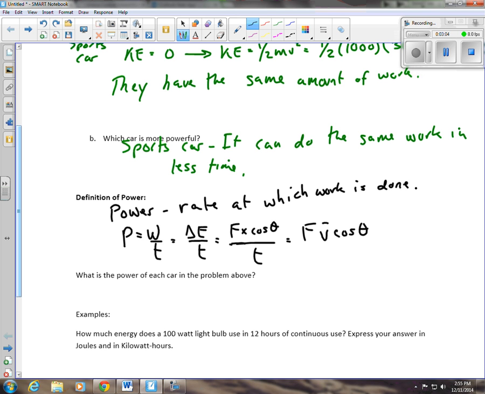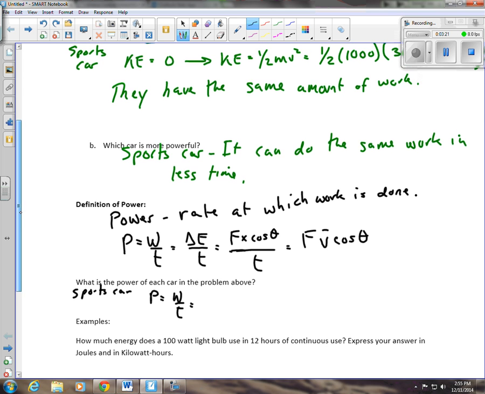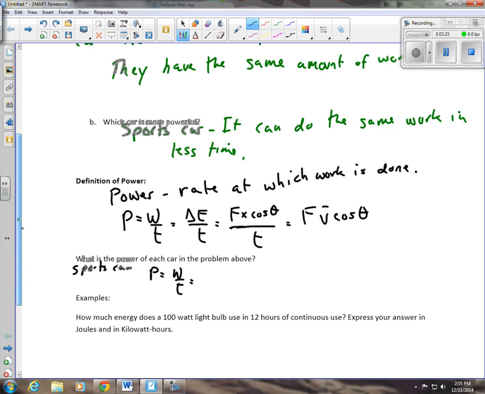So for the example, it says what's the power of each car in the problem above. We'll do the sports car first. We're going to use work over time in this case because we already have work. The work was 450,000 joules, divided by the time of the sports car, which was 6 seconds.